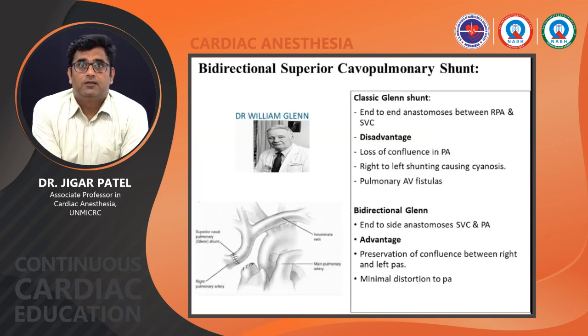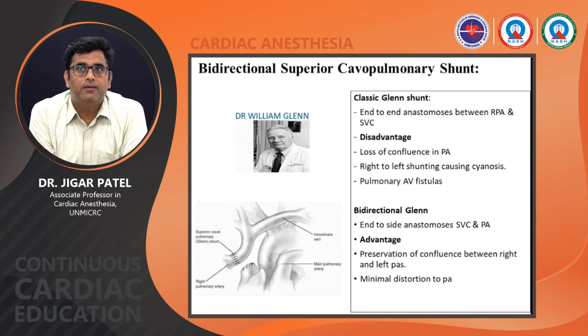Now the surgery for superior cavopulmonary anastomosis is the classic Glenn shunt. Here an end-to-end anastomosis between the right pulmonary artery and SVC is done. It was done by Dr. William Glenn, but it has some disadvantages like loss of confluence of the pulmonary arteries and right-to-left shunting causing cyanosis and pulmonary AV fistula.